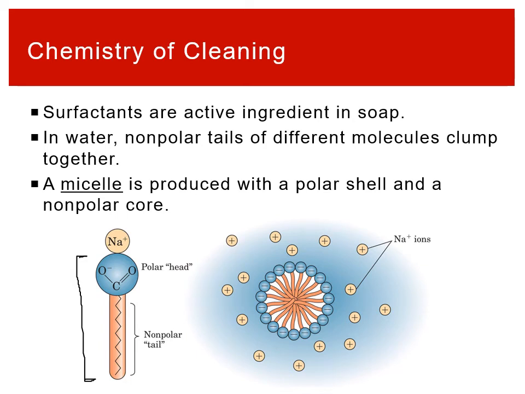What happens is all of these nonpolar tails collect together, right? They're afraid of water, so they collect all together, and there's very little water inside that core of the micelle, where there's a bunch of nonpolarness. All of these carbon and hydrogen atoms from all the different molecules are collected together without much water. Instead, you have this shell of all of the polar, hydrophilic heads of each of the molecules.